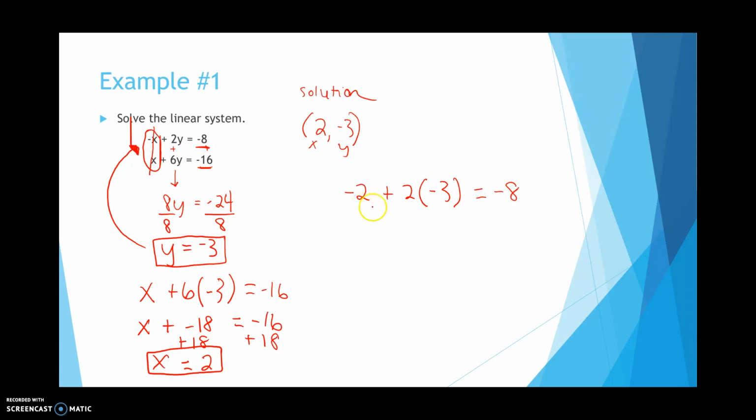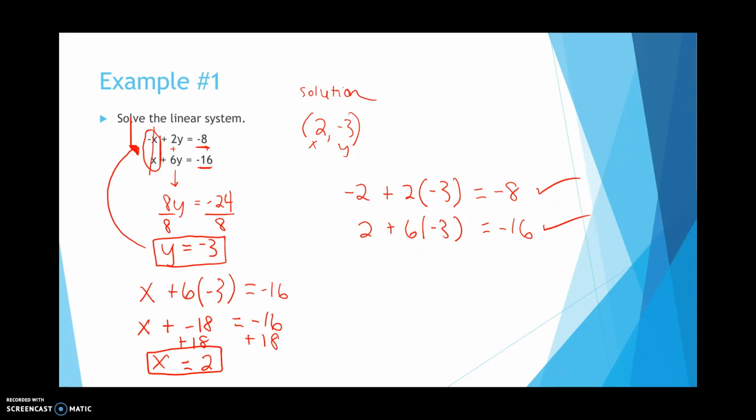Well, negative 2 plus negative 6 gives me negative 8, that checks. Here we have x, which is 2, plus 6 times my y, which is negative 3. Does that give me negative 16? Well, it's 2 plus a negative 18, and that gives me negative 16, so that checks out.